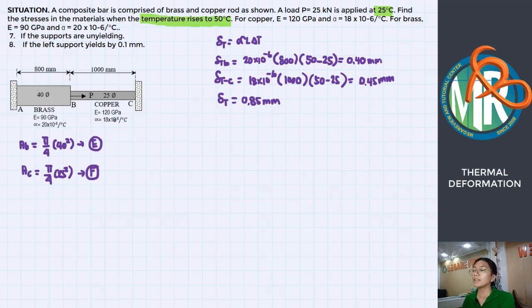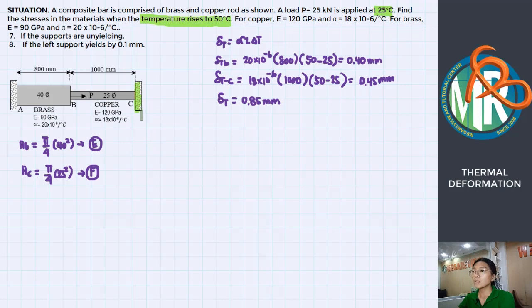So, gagawin natin is, let us imagine no, na mag-e-expand yung one side of our structure. So, pwedeng mag-expand is itong left side, pwede din dito sa right side. So, gagawin mo, pili ka lang ng isa. Okay? So, say, dito lang tayo mag-expand sa right side. Okay?